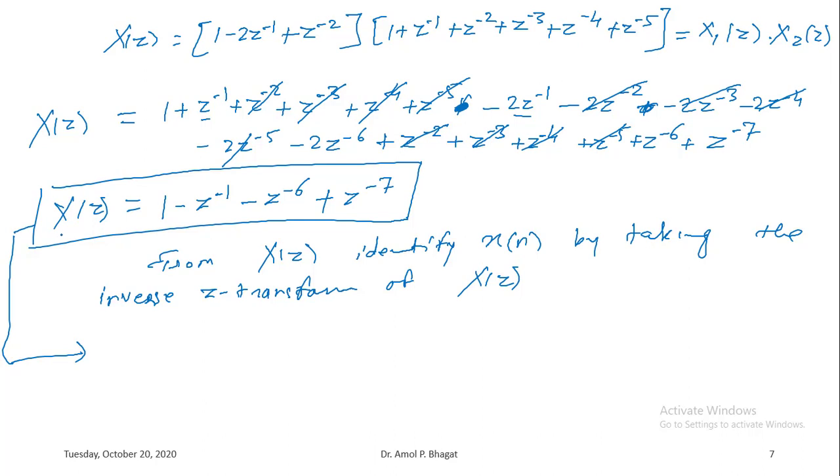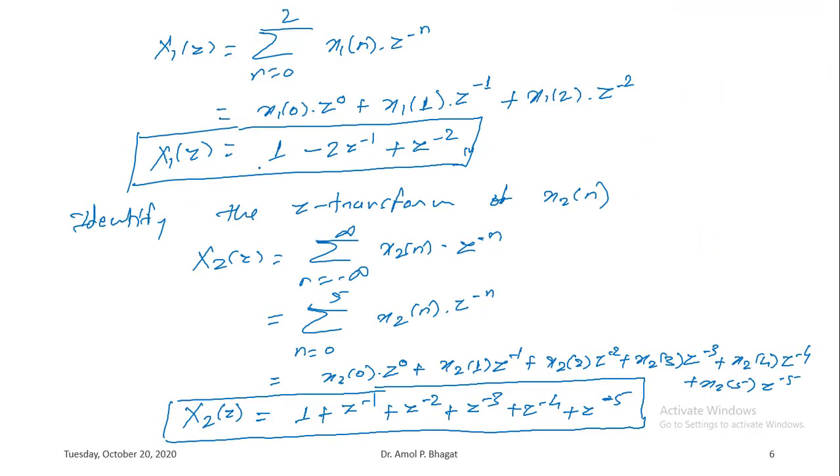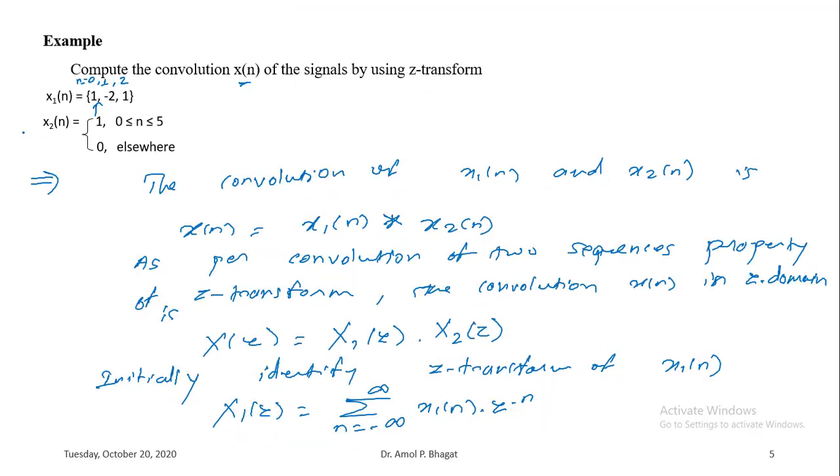So we are not using those methods, but here we can directly identify the inverse z transform from this x of z. So how can we identify it? We know that the z transform of x1 of n is x1 of z, right? We can directly write this z transform as 1 minus 2z inverse plus z to the power minus 2. So what will be its inverse z transform? Simply the coefficients.